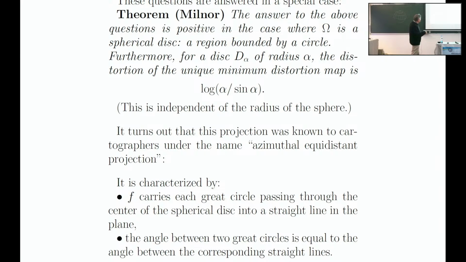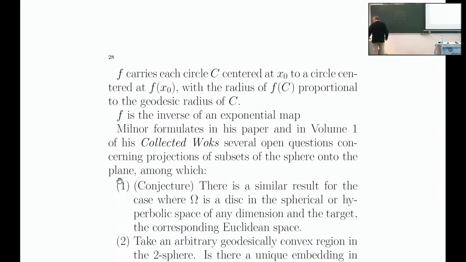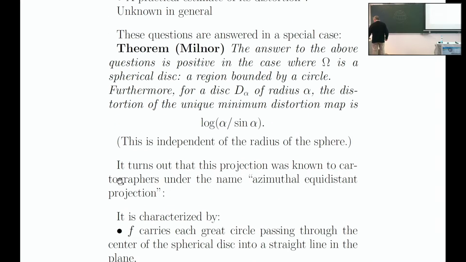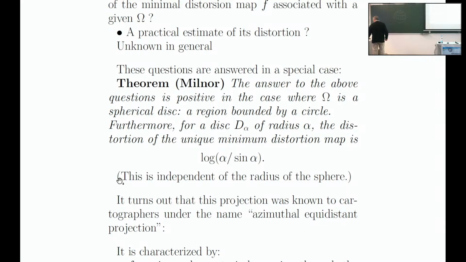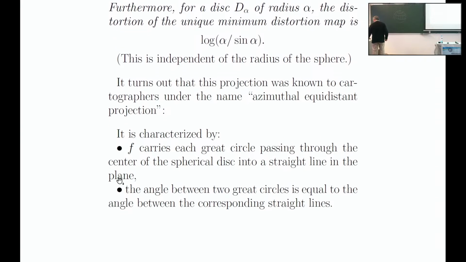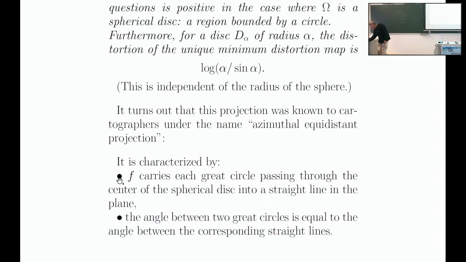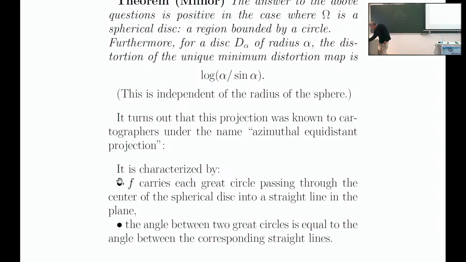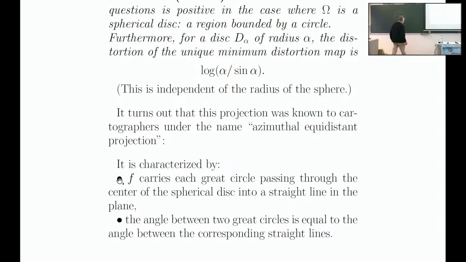And then he explains what this map is. There's a unique map which realizes this minimal distortion, and it turns out that the map is the one we talked about yesterday.